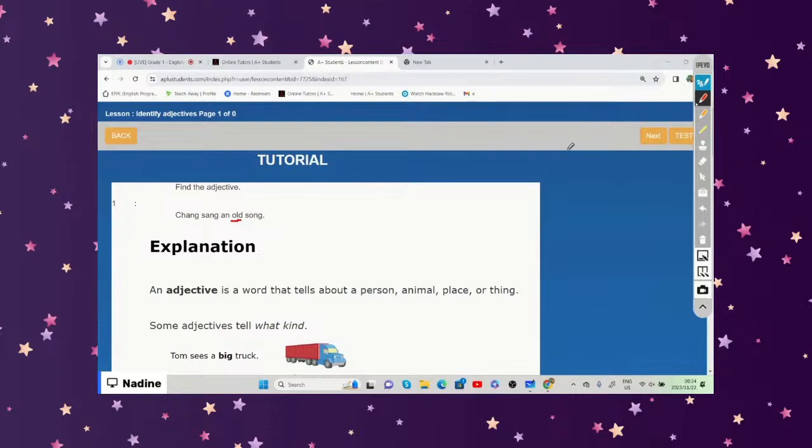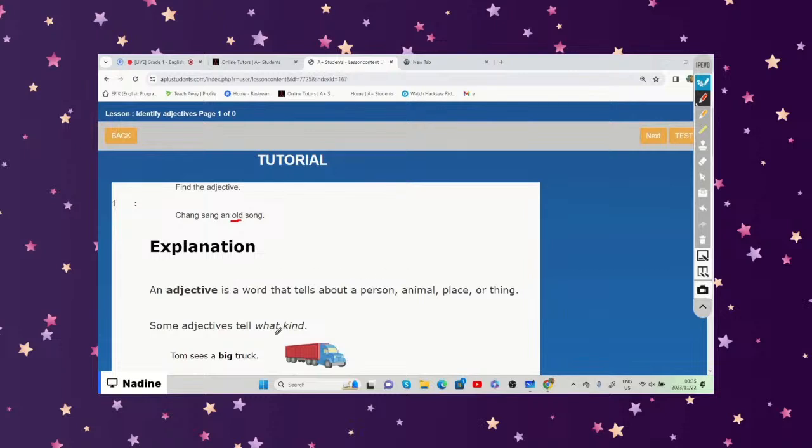So old is the adjective. All right. So basically, we described the type of songs as old songs that Chang sang.